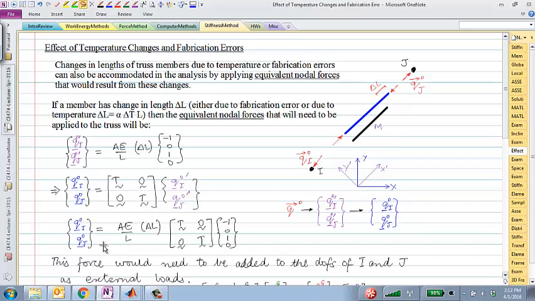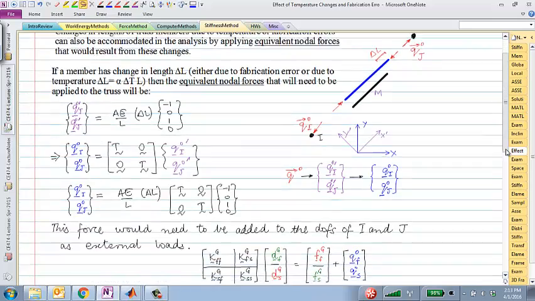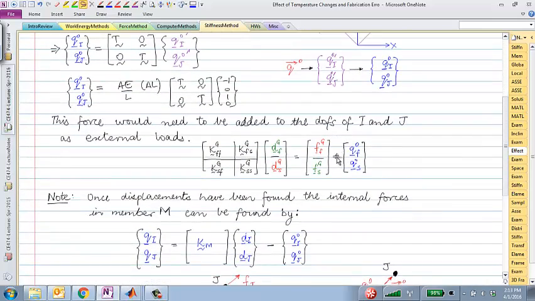So the idea is that we'll apply these global forces in addition to whatever forces are given for the problem. These forces would be acting on a particular element, and we are adding them to whatever forces are already there, which is basically what this is.